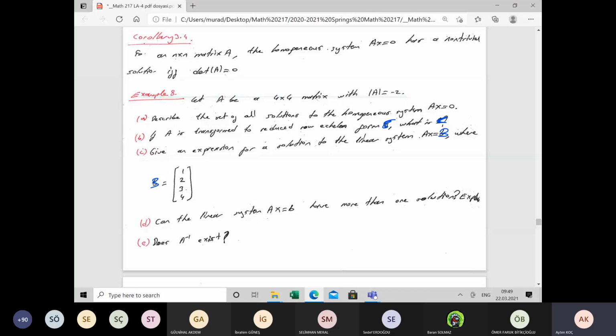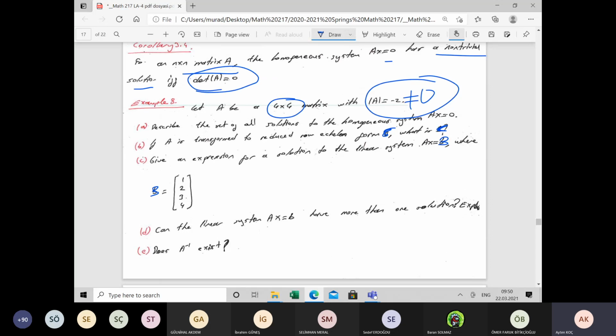Here, the determinant of A is non-zero. A is a square matrix, and by the previous corollary, the system has a non-trivial solution only if the determinant of A is 0.